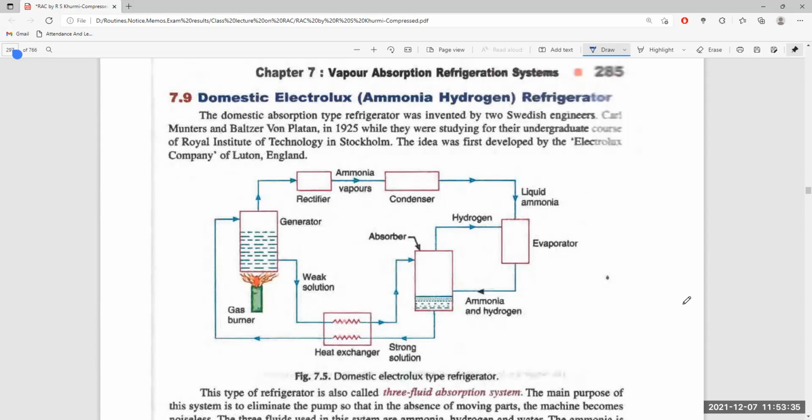The domestic absorption refrigerator was invented by two Swedish engineers, Baltzar von Platen and Carl Munters, in 1925, while they were studying at the Royal Institute of Technology in Stockholm. The idea was first developed by the Electrolux company.